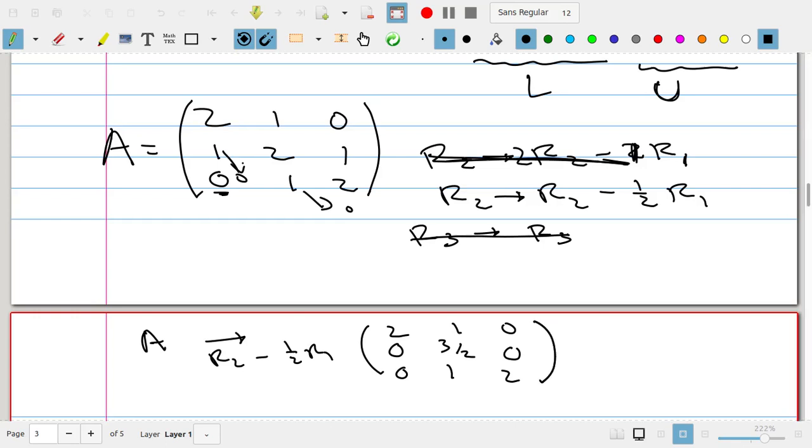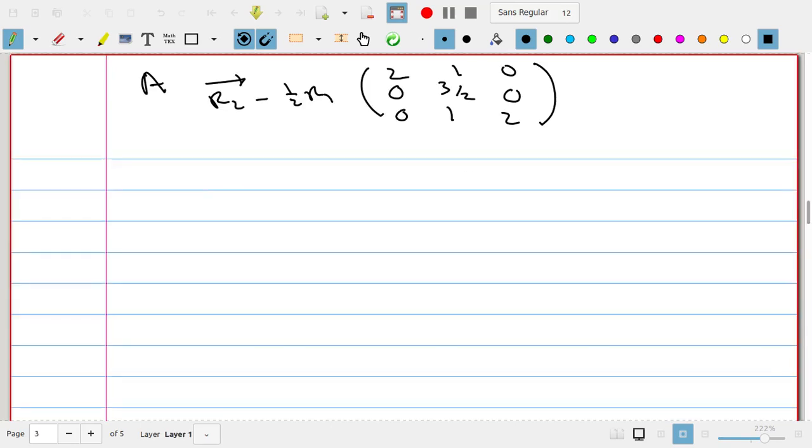The elementary matrix corresponding to this transformation, we'll call this E21. Why? Because it makes the 2, 1 element 0.